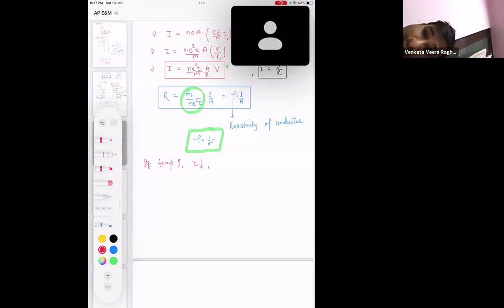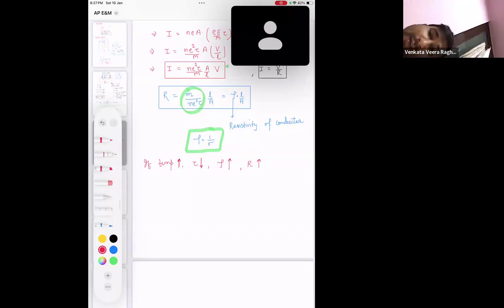Temperature increases, tau decreases, right? And if tau decreases, you can see resistivity increases. And if resistivity increases, you can say the resistance of a conductor also increases. That's why the resistance of a conductor increases with temperature. Resistance increases, conductance decreases. Resistivity increases, conductivity decreases.